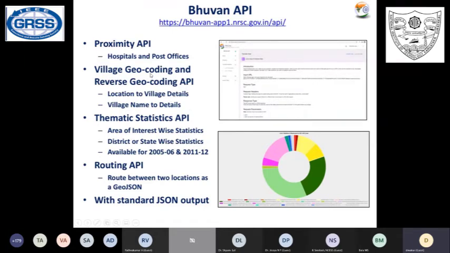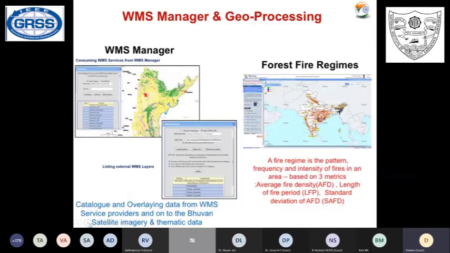So we can get into village geocoding, reverse geocoding, as well as the various thematic APIs, and routing problems are being solved today, with of course standard JSON output possibilities. And you can see also through the WMS Manager, it is possible for you to also get access to Bhuvan and get the visualization perspectives.